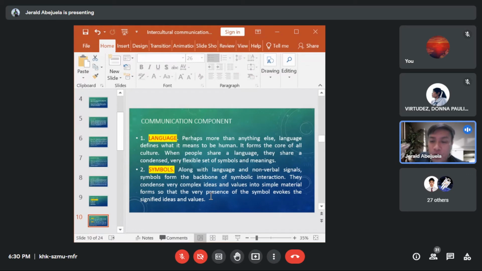So it is important that you must learn and adopt the culture of that country that you'll be working with so that you will not be left behind, or so that you'll be able to address the different cultural barriers para at least maging easy ka, maging comfortable ka, maging successful yung flow ng bawat communication process po natin.